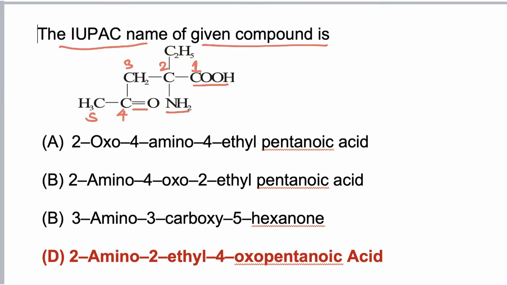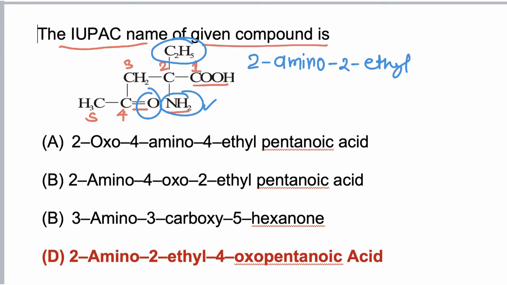Now amino, oxo and ethyl substituents are present. The names of these substituents must be written in alphabetical order. So first we write amino, which is at the second position. So the name of the molecule is 2-amino. Then ethyl, 2-ethyl.